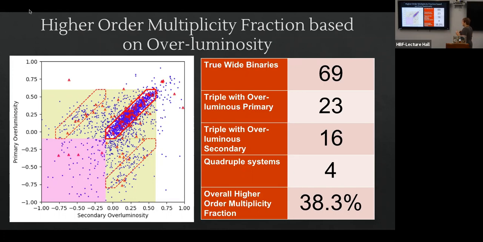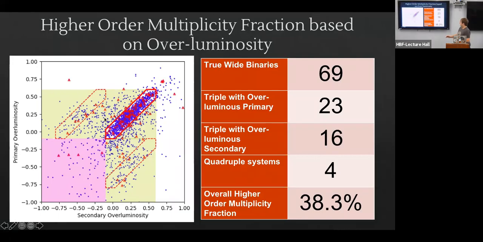And that at least makes more sense for why it may be closer to the single star multiplicity fraction than the other group that I was talking about. So, yeah. I may have missed it.